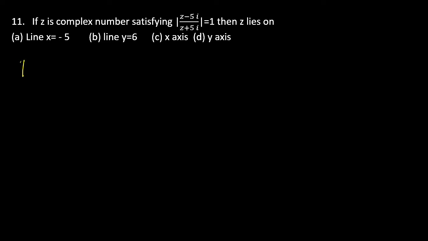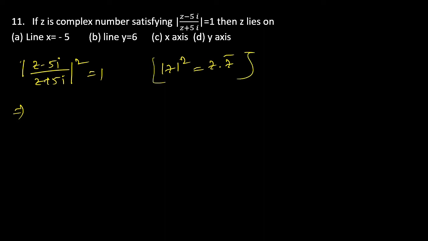Now we can write mod square of z minus 5i by z plus 5i is 1. Then we use mod z square means z into z bar.